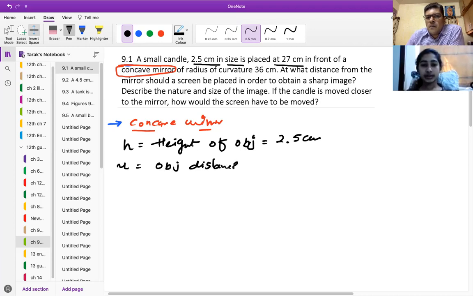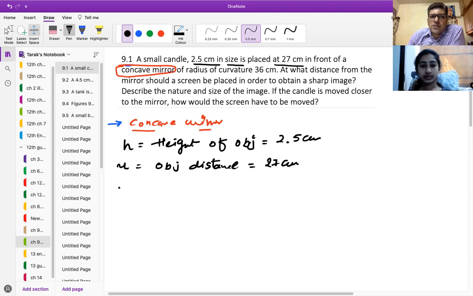27 centimeter. One more thing you have to keep in mind whenever you are solving such type of examples of chapter number 9 or 10: all units must be in terms of centimeter or maybe millimeter. So now my object distance is 27, again in centimeter.